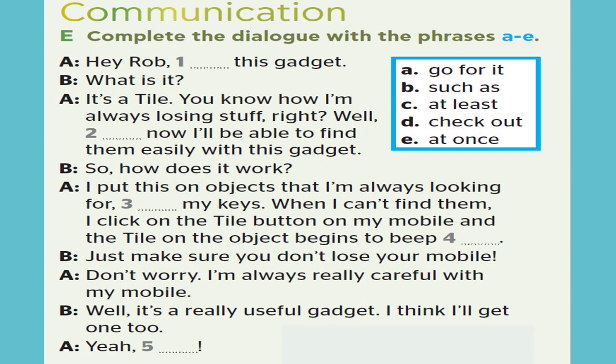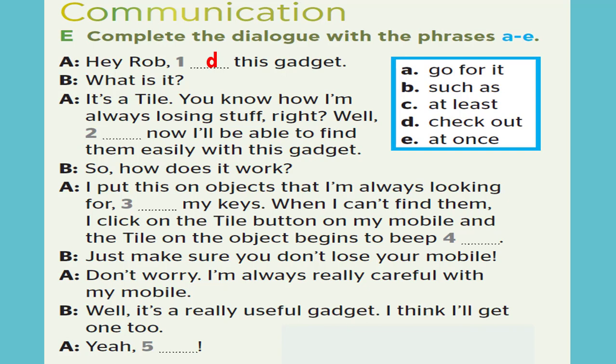Now let's move to the last question we have in the roundup. Complete the dialogue with the phrases A to E. Hey Rob, what is this gadget? So he said, check out this gadget, letter D. It's a tile. You know how I'm always losing stuff, right? Well, now I'll be able to find them easily with this gadget.